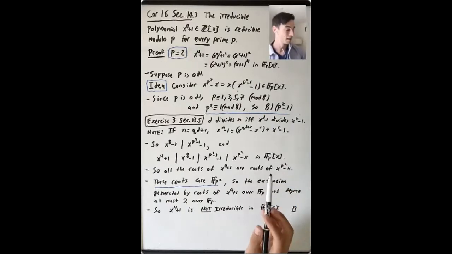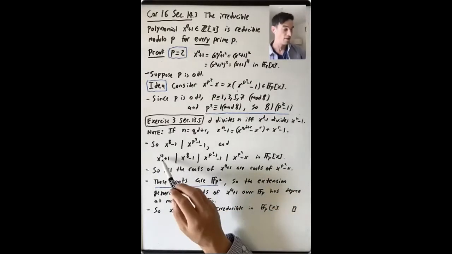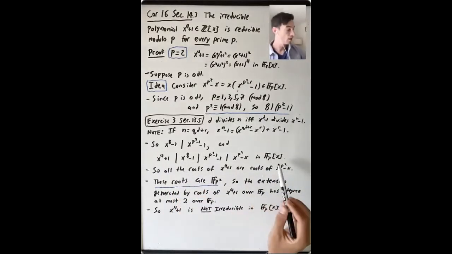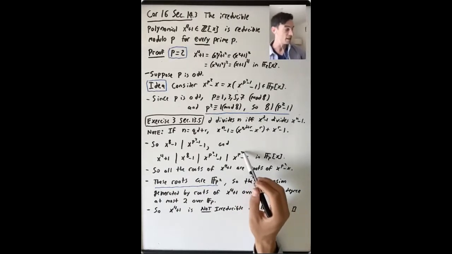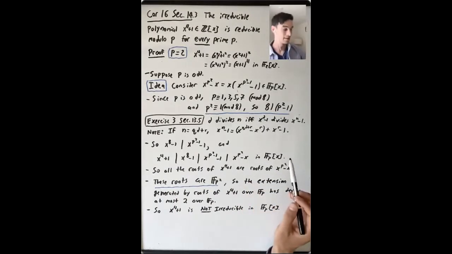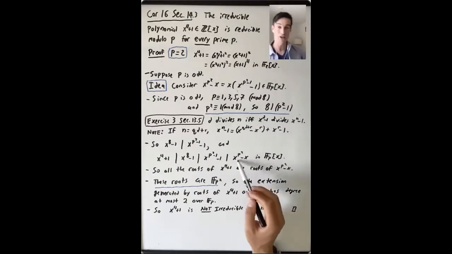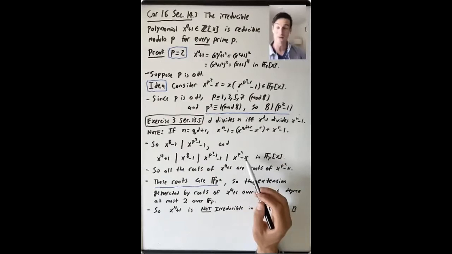So all of the roots of x^4 + 1 are roots of x^(p^2) - x. And what is this collection of roots in a splitting field for this polynomial over F_p?